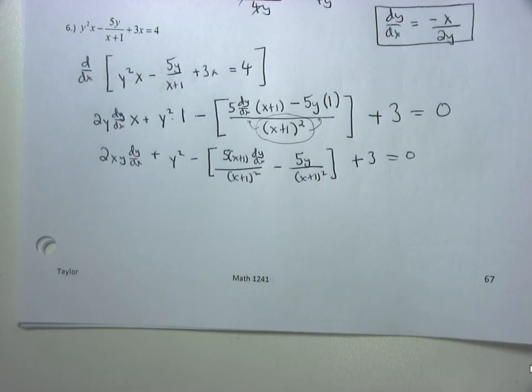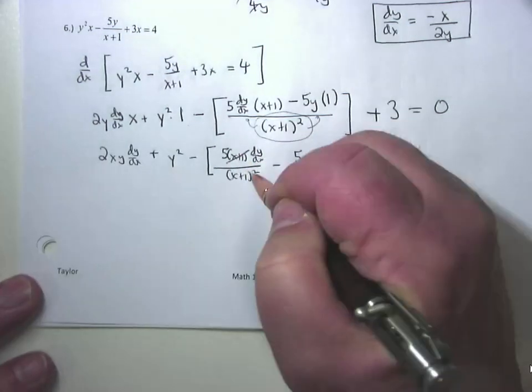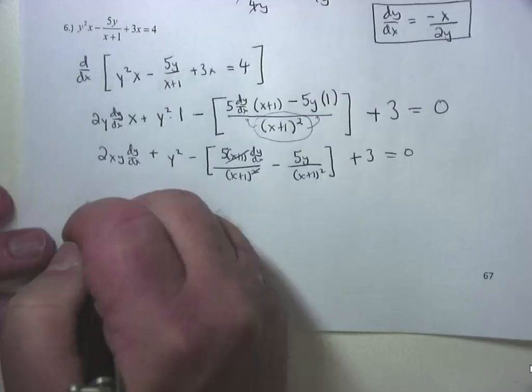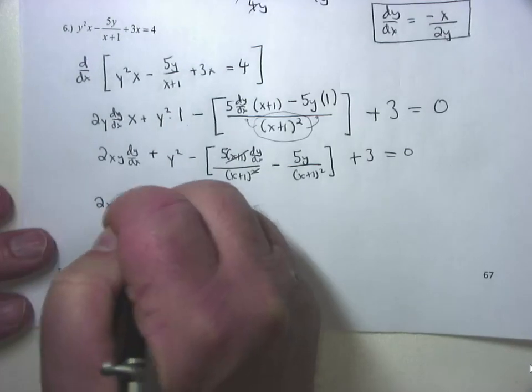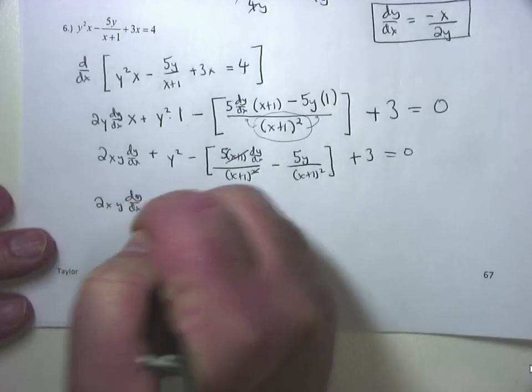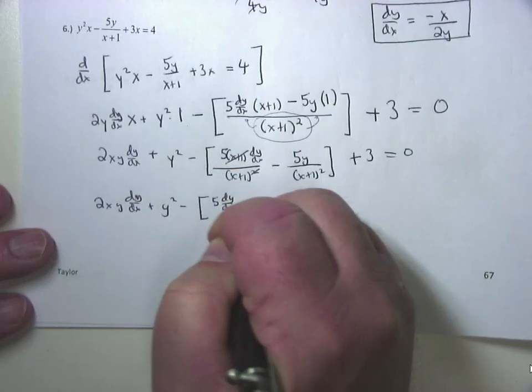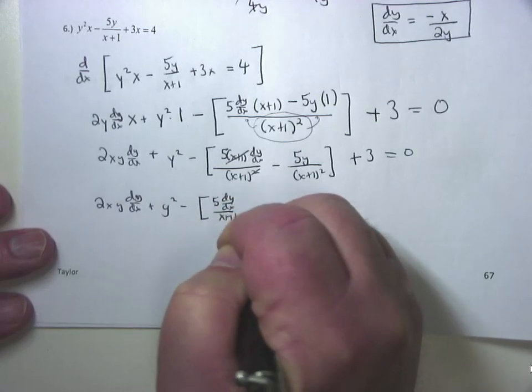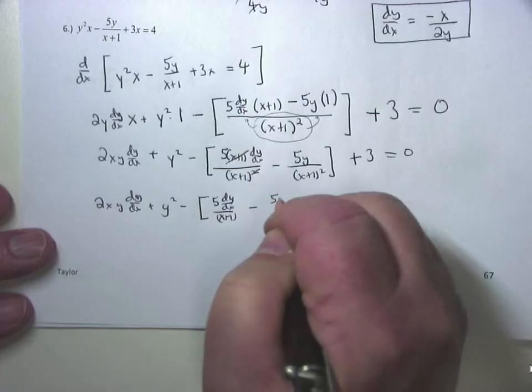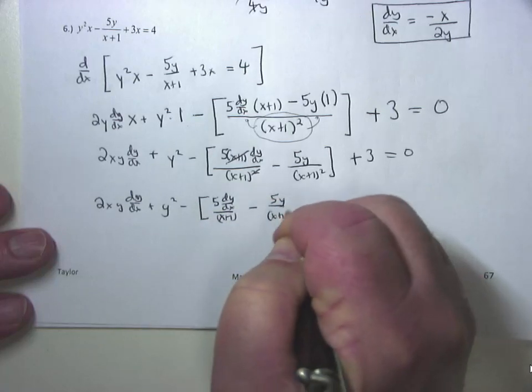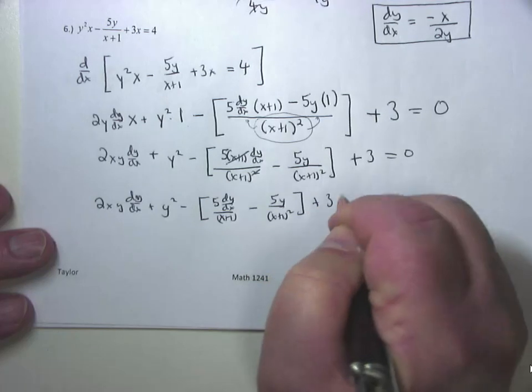Somebody cancels. What cancels? X plus 1s. One of those guys cancels. So this leaves me with 2xy dy over dx plus y squared minus bracket 5 dy over dx times x divided by x plus 1 minus 5y divided by x plus 1 squared, close bracket, plus 3 equals 0.